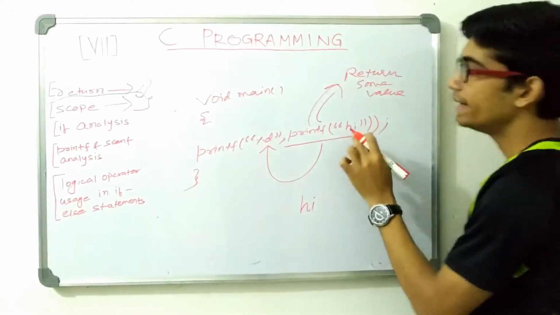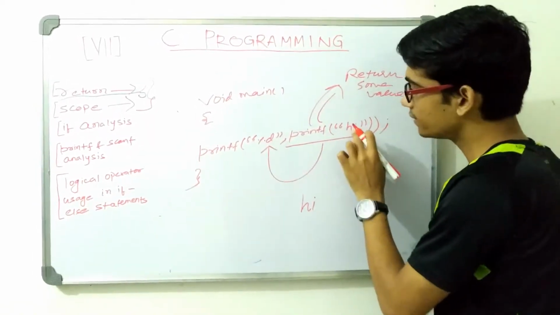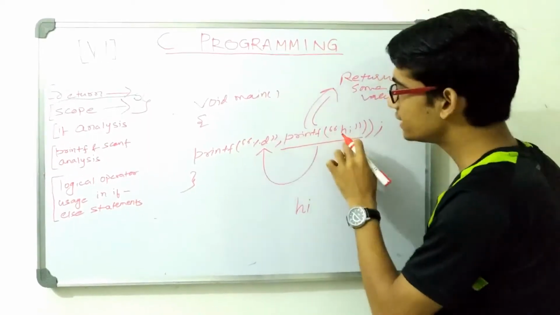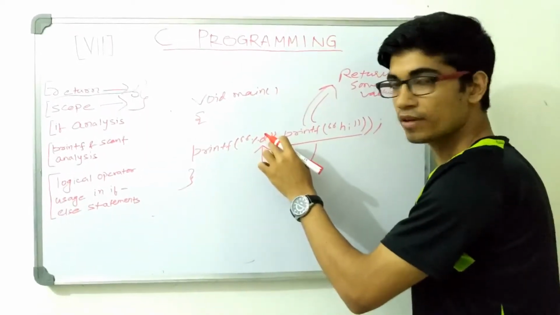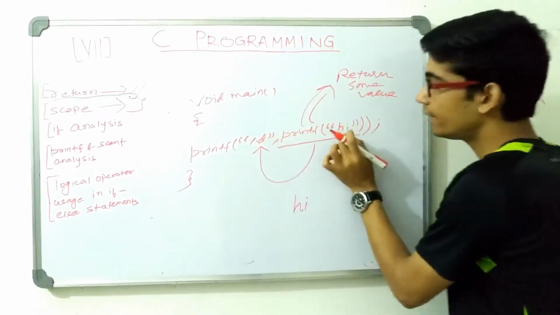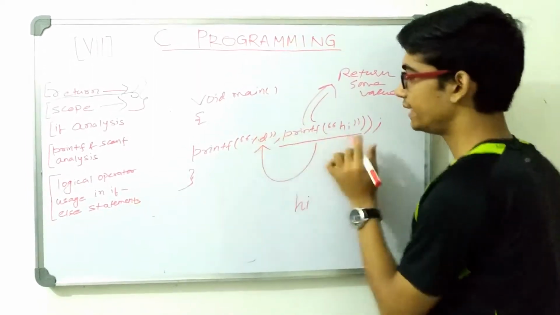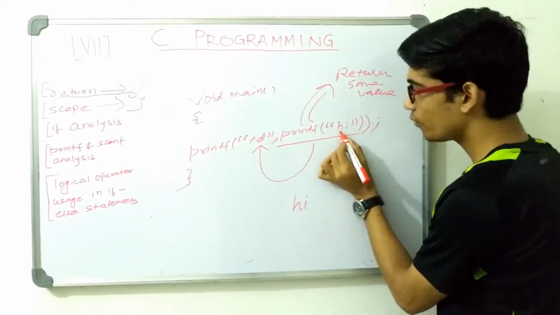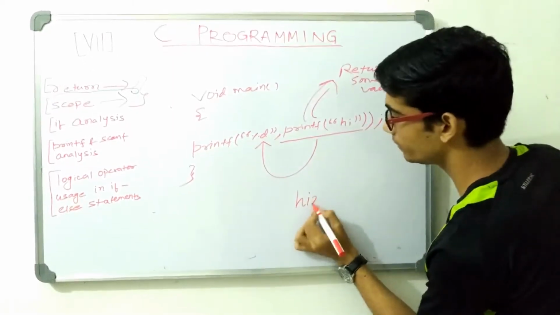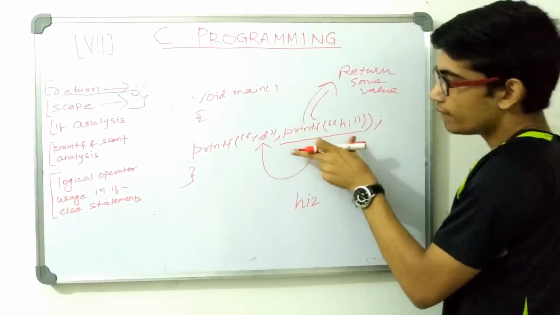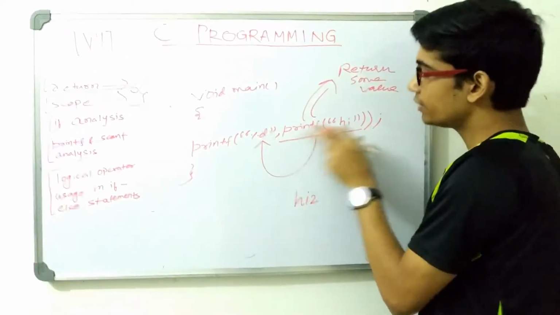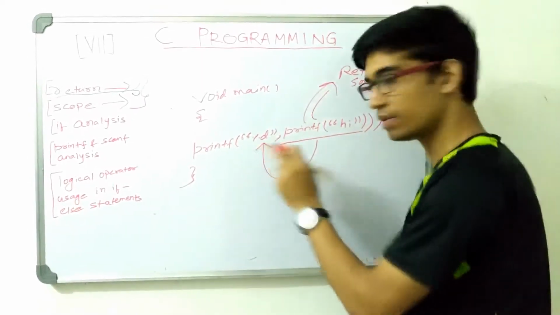It will return the number of characters that is being sent to the buffer, or that is being sent to the %d. You know, for simplicity, consider that this is being sent to %d. Now how many characters are there? 1 and 2. So the output will be 2. So printf returns you a value equivalent to the number of characters that is being sent to the buffer.